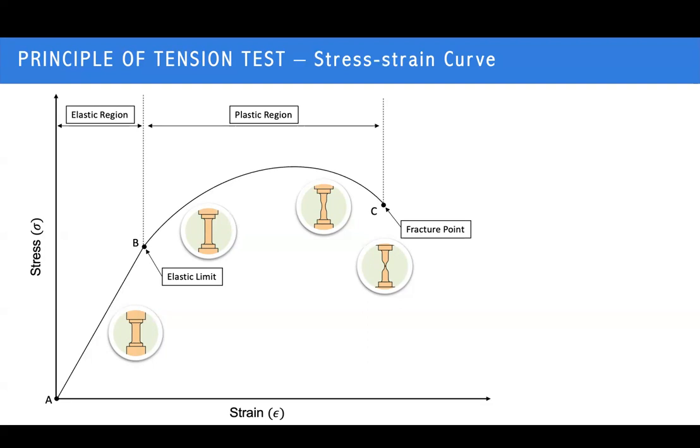I just wanted to show you one simulation of the tensile test on a specimen. It is stretched out, acting on the whole cross-section, and at some point it is broken. So this is the principle of the tensile test.